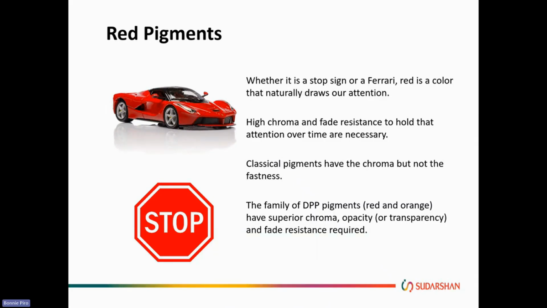So the family of DPP pigments, both on the red side and the orange side, are going to bring superior chroma, as well as those high performance properties that might be needed for your application.